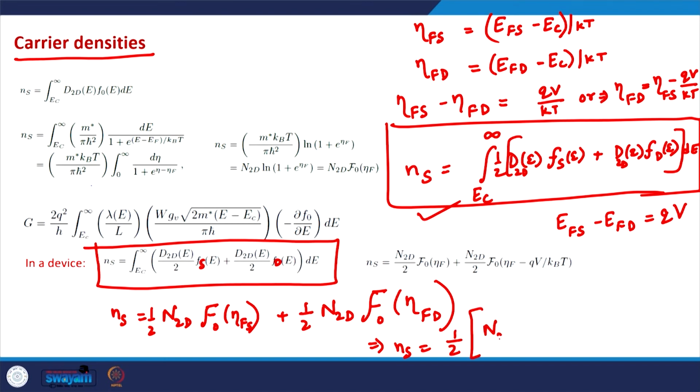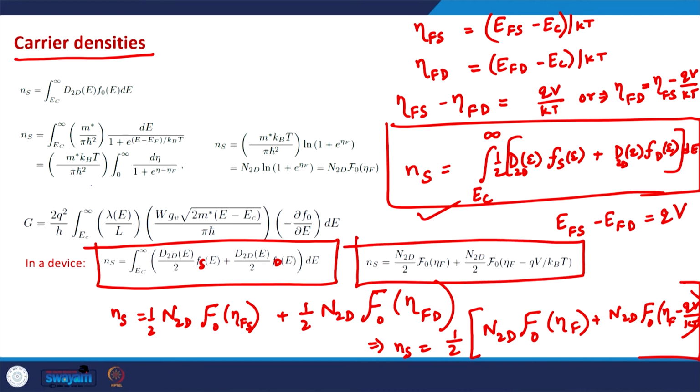This becomes N2D times the Fermi-Dirac integral of order 0 eta F, plus the Fermi-Dirac integral of order 0 eta F minus QV by kT. So, this is the steady state charge density in the device, in the MOSFET, according to the Landauer formalism.